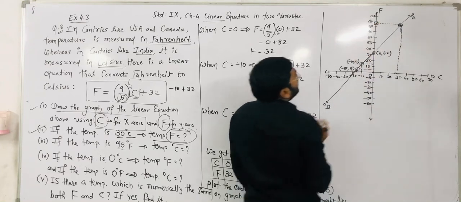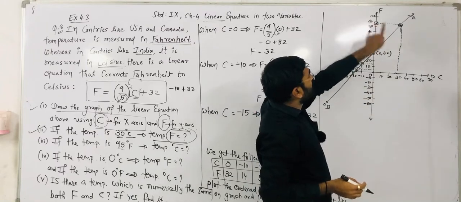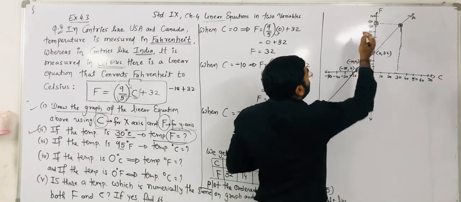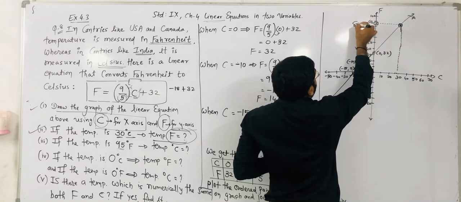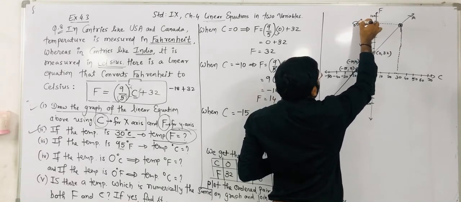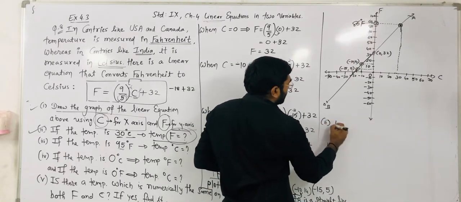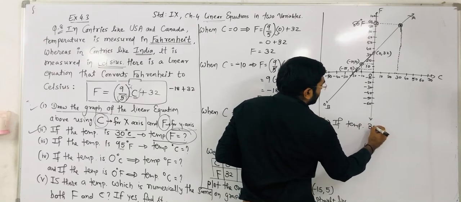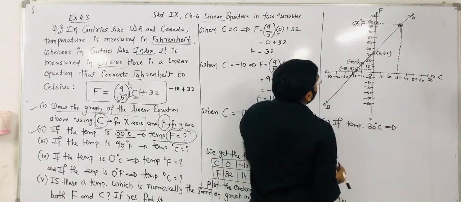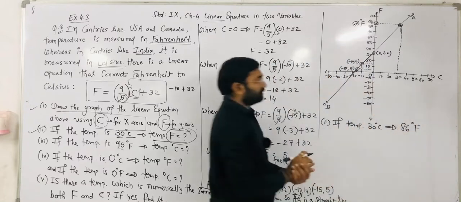This point represents, at 30 on Celsius, the Fahrenheit value. That value you get is in between 80 to 90. So you get 86 Fahrenheit. Okay. So the second question's answer is, if the temperature is 30 Celsius, then we get our answer in Fahrenheit: 86 degrees Fahrenheit.